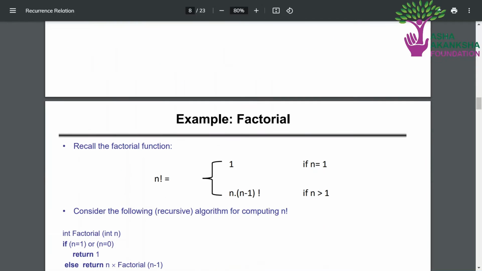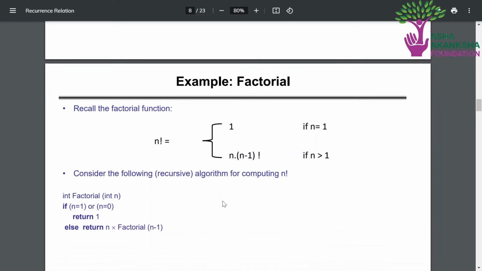If you recall the factorial function, we described n factorial in two terms: if n is equal to 1 or 0, it is 1, and if it is greater than 1, it can be expressed as n into factorial of n minus 1. We also derived this recursive algorithm in the previous lecture. You can refer to that. We will give the link in the description.